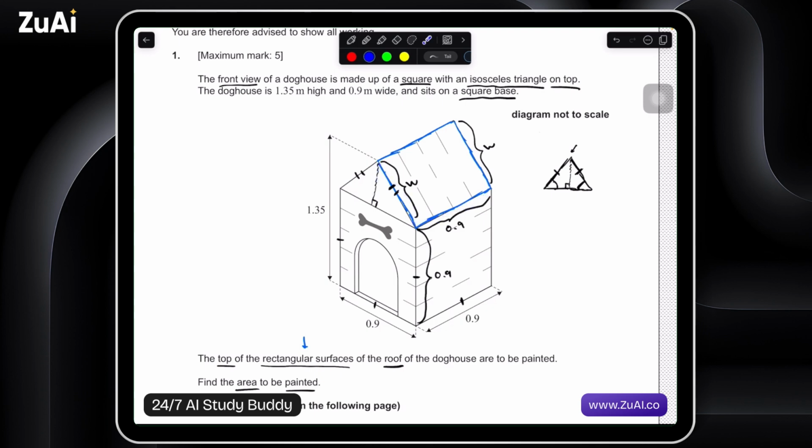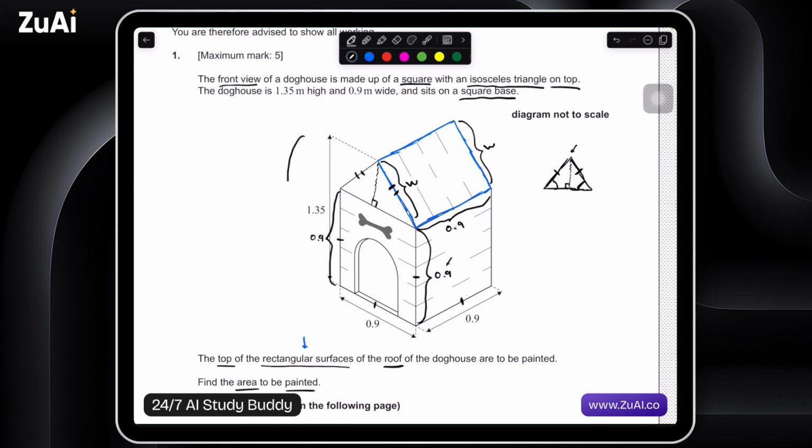How do we find this? Okay, so we know that the total height of this doghouse is 1.35, and they also told us that the front view of the doghouse is a square. So this is 0.9, this is 0.9, and this as well, right here, is equal to 0.9.